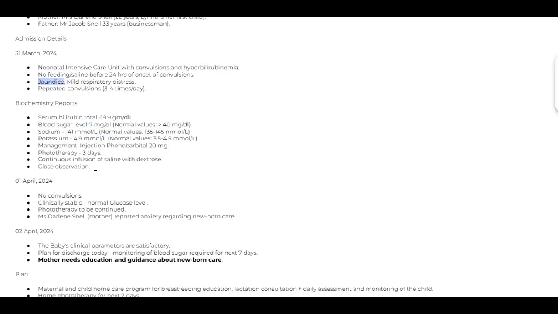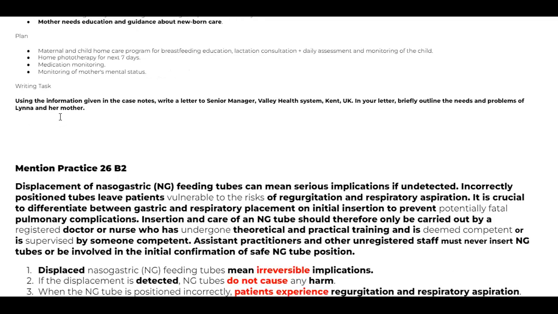Okay, jaundice was there. Mild respiratory distress also was there. Convulsions also were there. See, three things are mentioned here. So just jaundice will be incomplete. So we can simply say postnatal complications including jaundice would be fine. Yes, including jaundice and mild respiratory distress can be included this way. One second, let me come to this one.